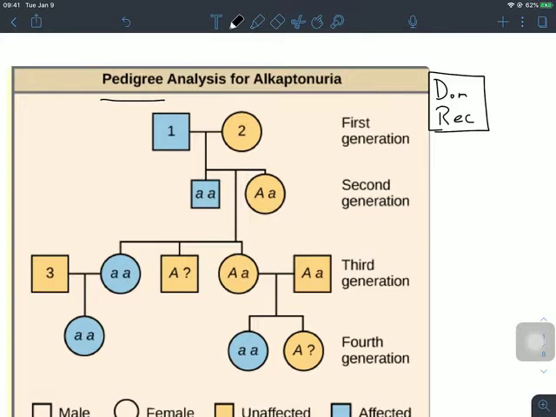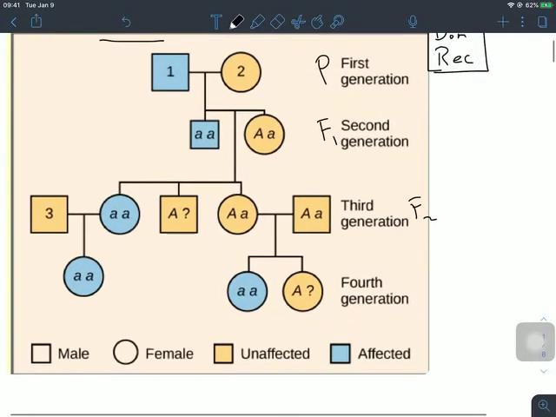analysis. So, some of you who are familiar with animal breeding may have heard the term pedigree before. Basically, it means a family tree where you ascribe some genotypes to the individuals in each generation. So just like we were doing with our Punnett squares, we have a parental generation, a filial 1, a filial 2, a filial 3, so on and so forth.